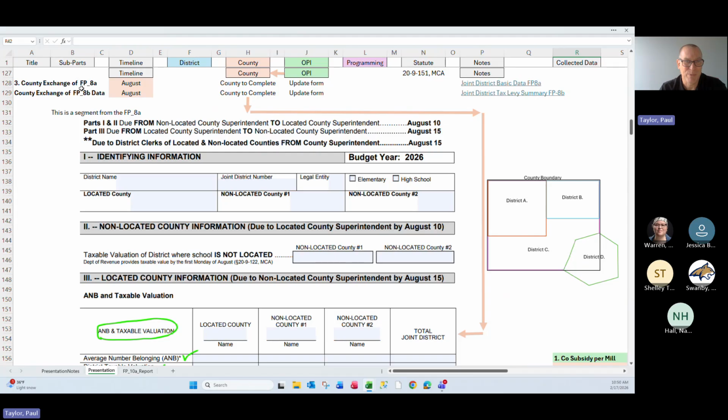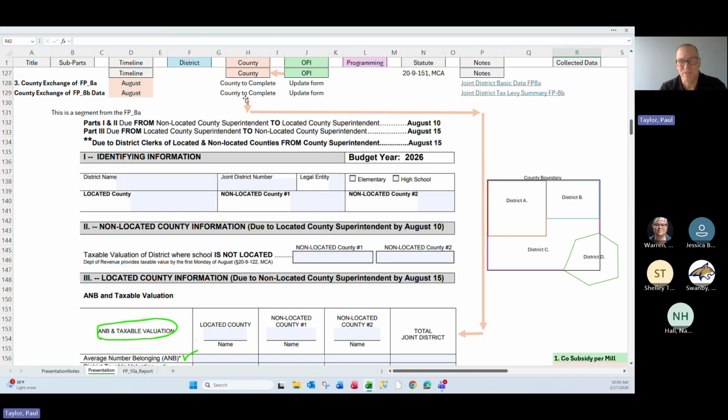But anyway, let's talk about this form for a few minutes. There's an FP8A and an FP8B. I'm only going to talk about A. They're both important documents. You can see here the counties complete these with each other. The OPI needs to update the form because they just have to make some informational changes for years and such.